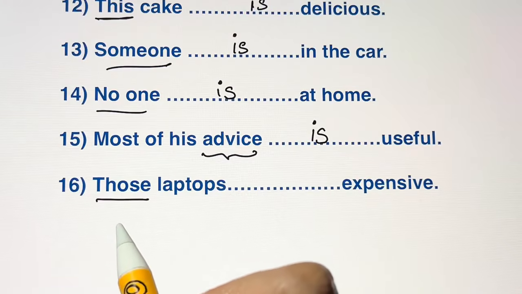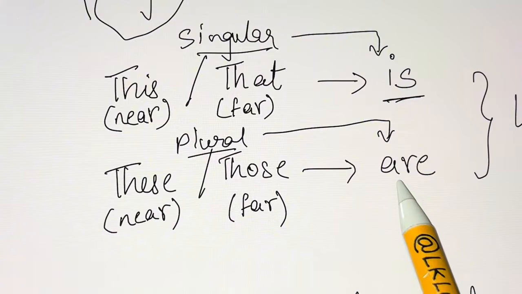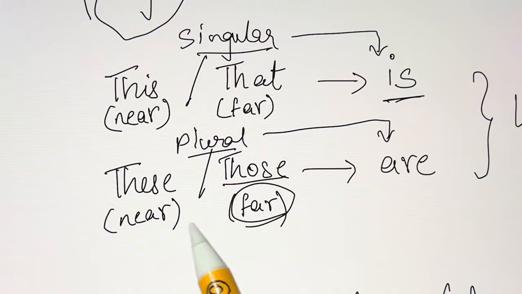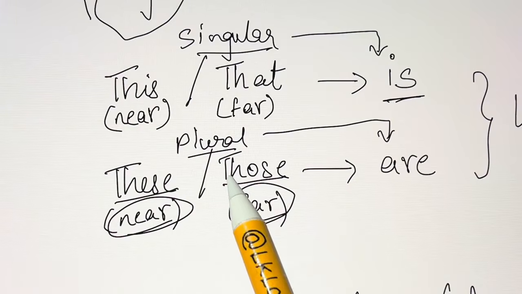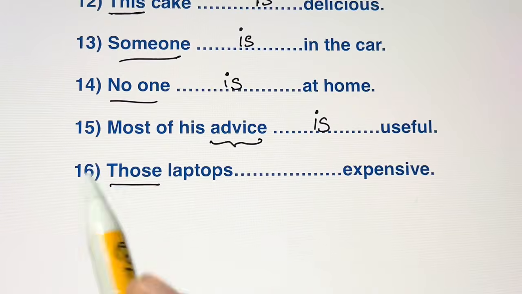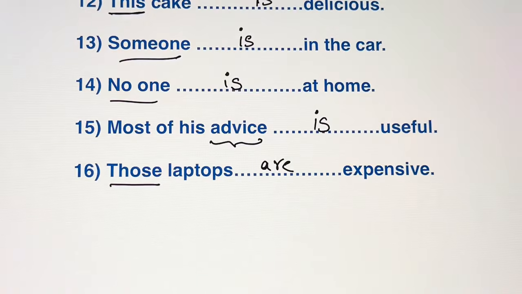Those and these are plural subjects which take the plural verb are. Those means something is kept far. These means something is kept near. That's the difference. But they are both plural subjects and they take the plural verb are. So here we have those laptops are expensive.